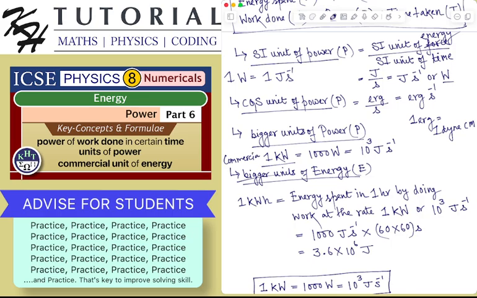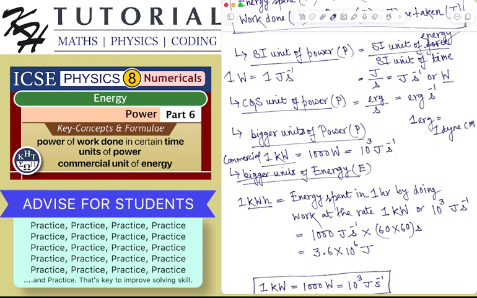This unit is used to measure the amount of energy consumed in household appliances. This commercial unit, which is a very big unit of energy, is known as kilowatt hour. Now 1 kilowatt hour is nothing but energy spent in 1 hour by doing work at the rate of 1 kilowatt or 10 to the power 3 joule per second.